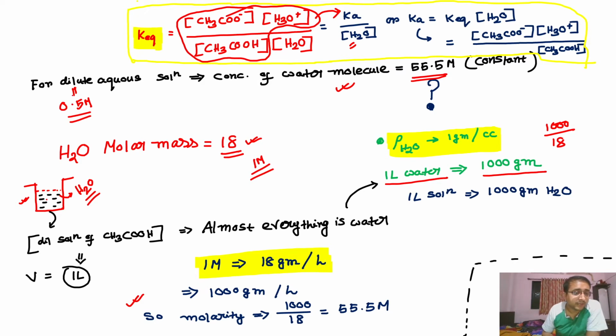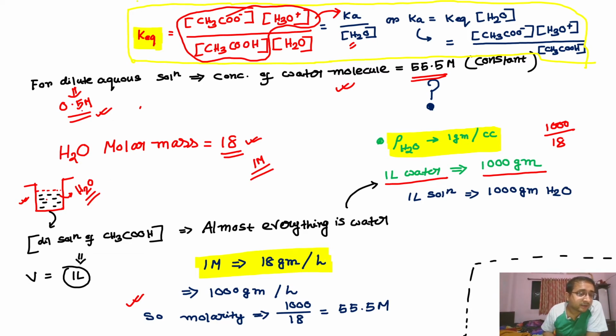This is only applicable when the solution is much more dilute, like a 0.5 molar concentration of acetic acid. If the solution is much more concentrated with acetic acid, then we cannot say that it is full of water molecules. That assumption will not hold, and we have to also consider the molar mass of the acetic acid.